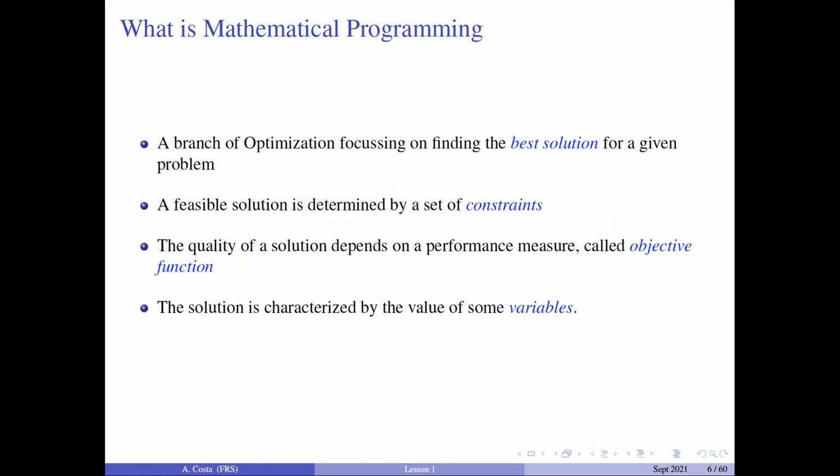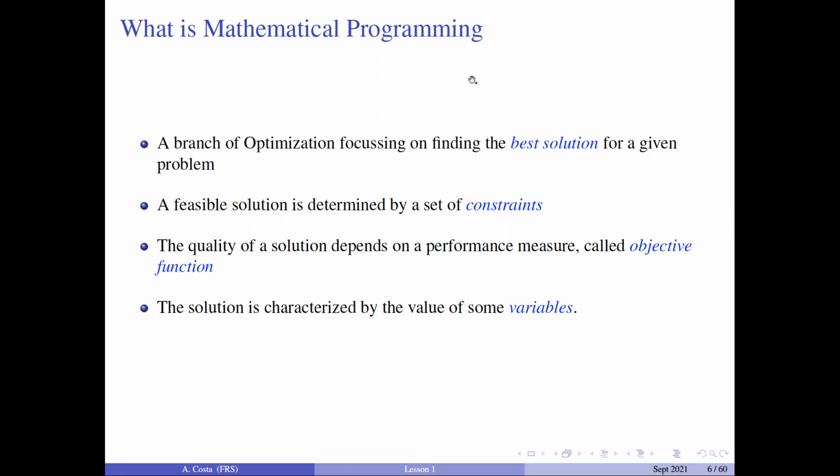So I mentioned mathematical programming. What is mathematical programming? Well, mathematical programming is this branch of optimization, as I said, focusing on finding the best solution, or often we will say the optimal solution of your problem. First thing is, okay, how do you define what a possible solution is?